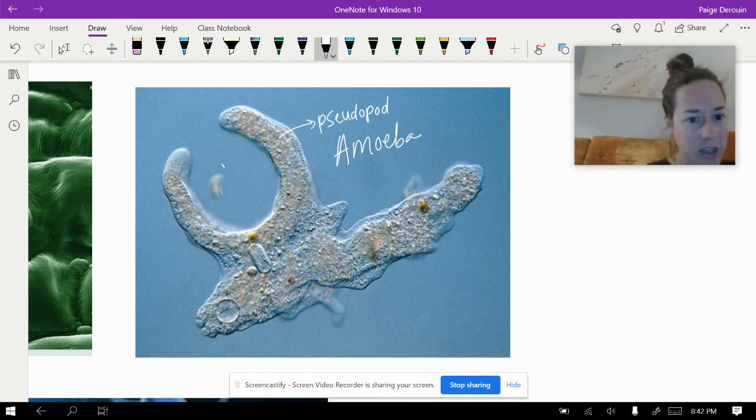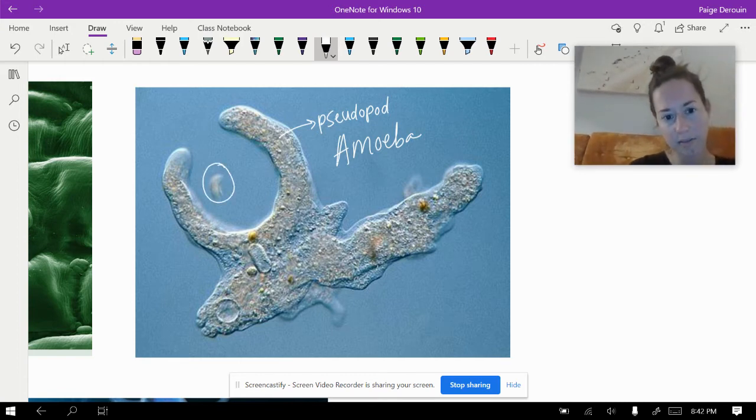So in this situation, this amoeba is eating this smaller particle or maybe cell, and it's doing that by wrapping its pseudopods around that thing. And then eventually they'll connect and trap whatever it was eating inside of the amoeba, and then it'll be broken down with enzymes. That's an amoeba. It's alive all by itself, and it's also only one cell.